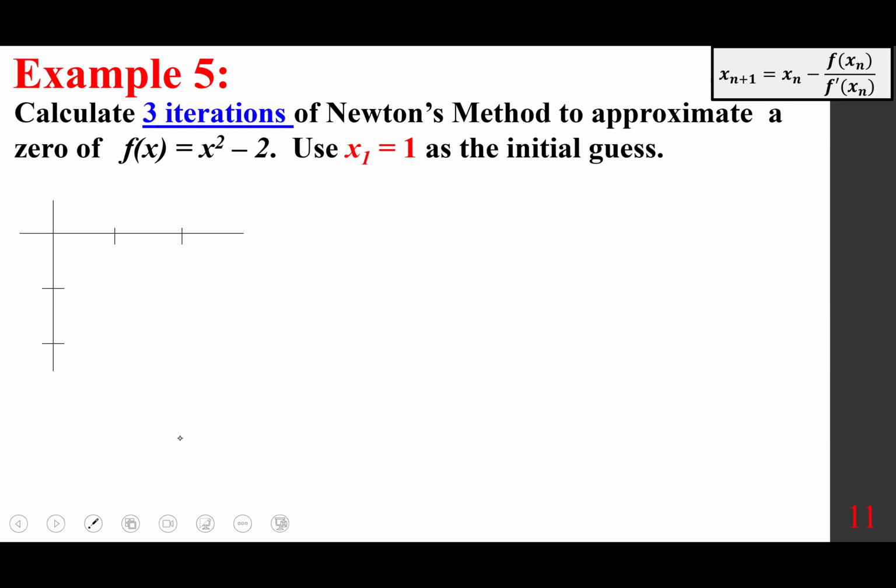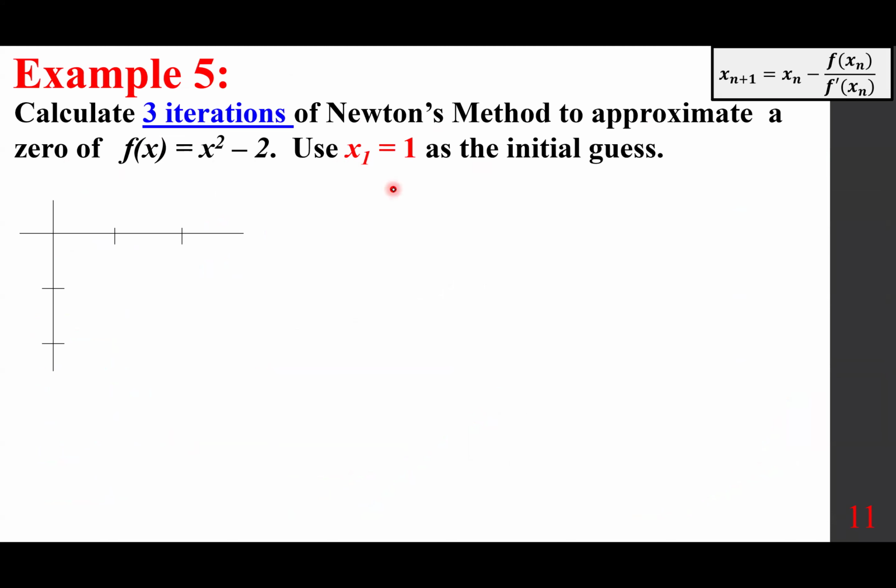So having said that, let's start with this example. Calculate 3 iterations of Newton's method to approximate the zero of f of x equals x squared minus 2, and we start with x sub 1 equals 1. In most cases, they give us the point to begin with, but if they don't, then we have to figure out what to do.